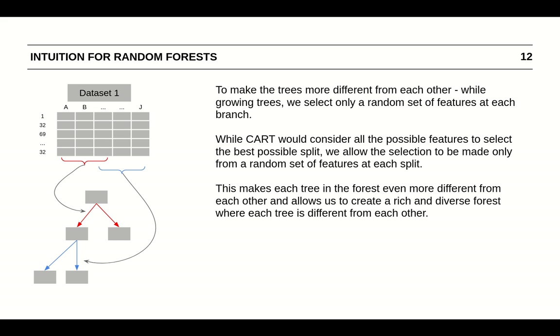Now, combined with what I said previously, that each tree was trained on a part of data which was sampled with replacement, combine that with this constraint on the CART algorithm considering only a few of the features at every branching, this makes every tree within the forest even more different from each other. This allows us to create a rich and diverse forest where each tree is very different from each other.